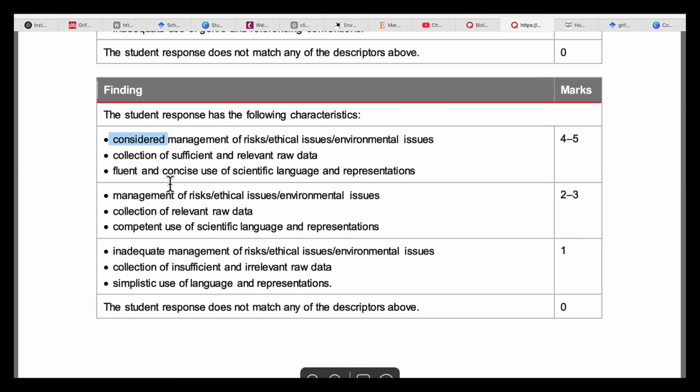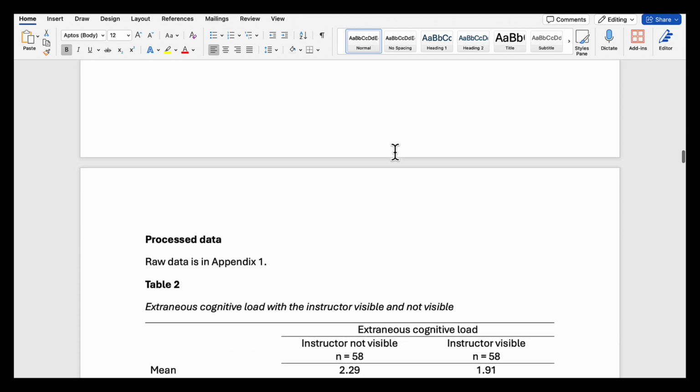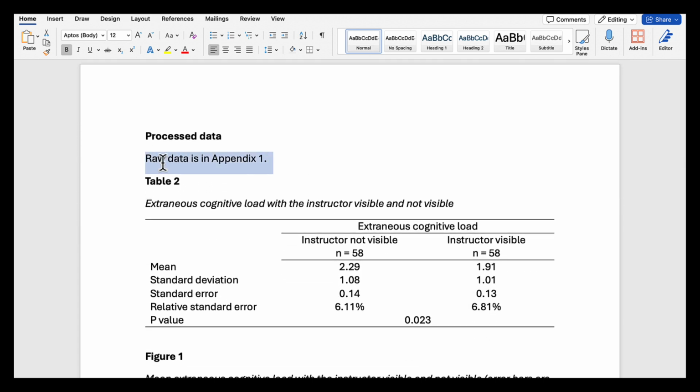The next part is about collection of sufficient and relevant raw data. We can signpost this by saying that the raw data is in an appendix, and then you can just have your process data here.